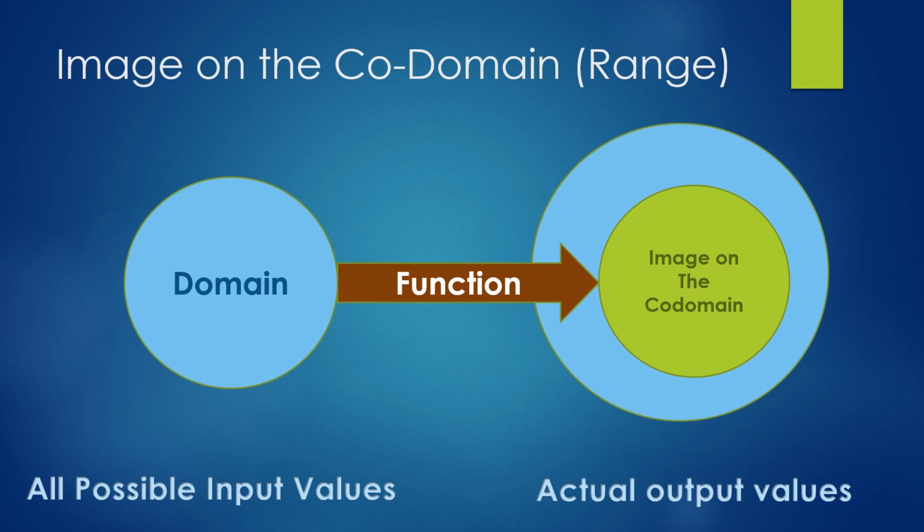So a function can take in some total set of values but may only put out a partial set, or a subset, of its codomain. You can think of it like the sine function. The sine function can take in any real number. However, it can only put out numbers between -1 and 1, or from -1 to 1, more precisely.